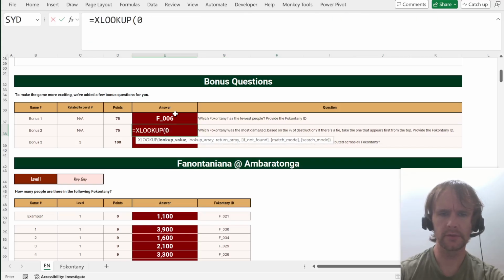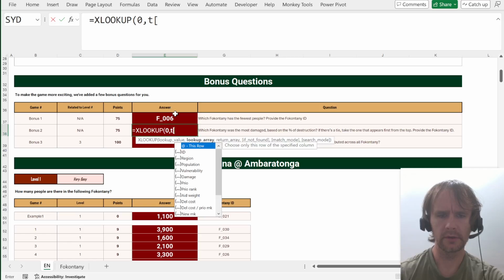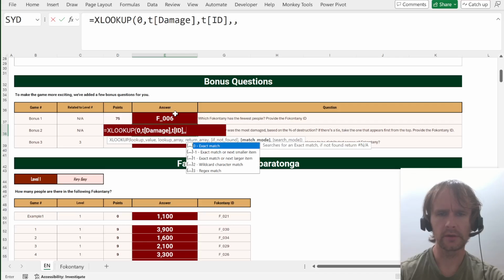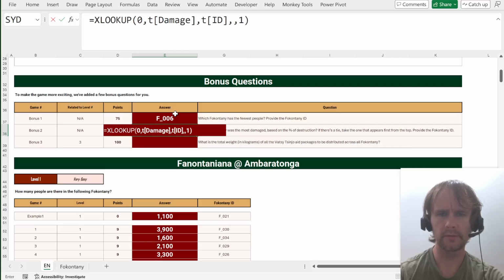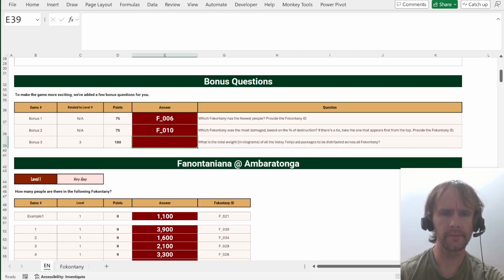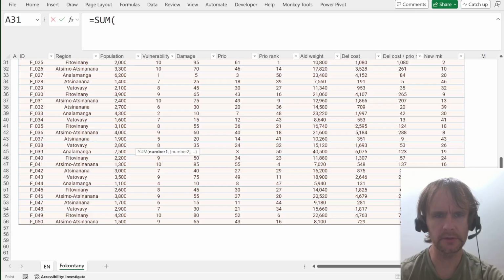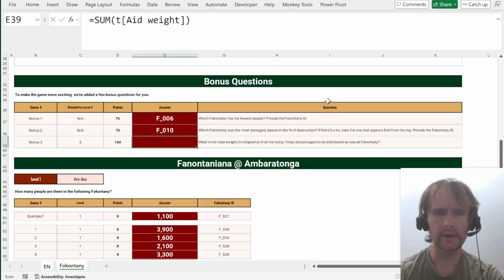So XLOOKUP 0 in T damage, returning from TID, exact match for next larger item. Sorry, most damage. So I want to XLOOKUP 100. And the total weight in kilograms of all the packages to be distributed. So that should just be sum of that.